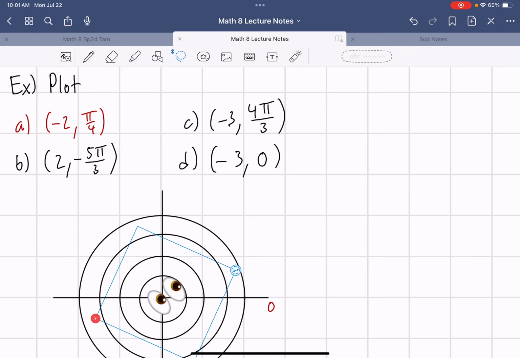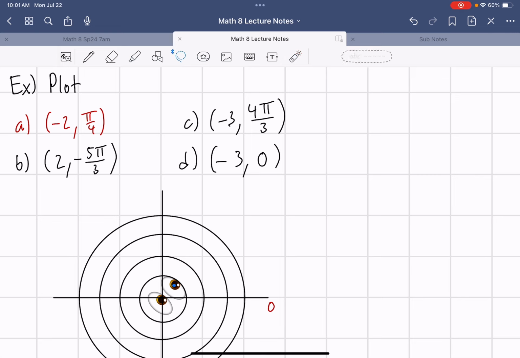Splitting that quadrant perfectly in half. But my r is -2. So even though I'm facing in quadrant 1, the direction this is looking right now, this is the positive direction.